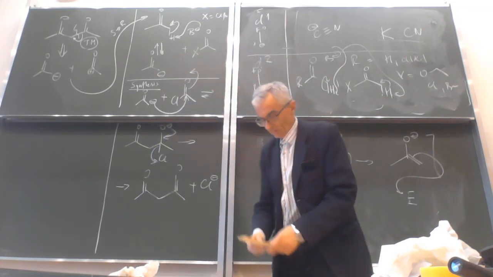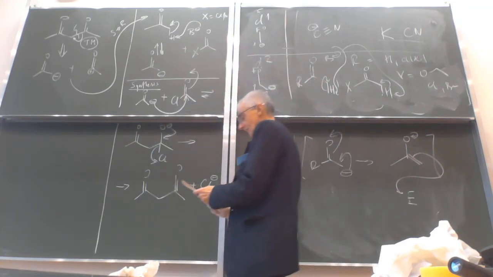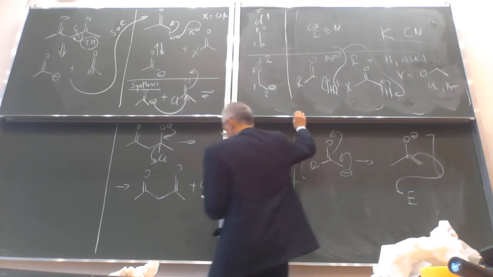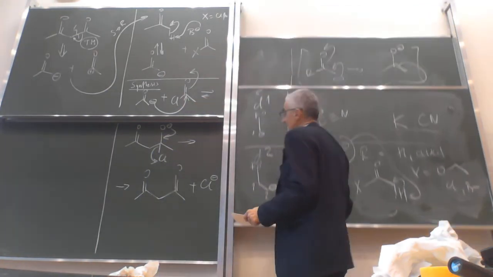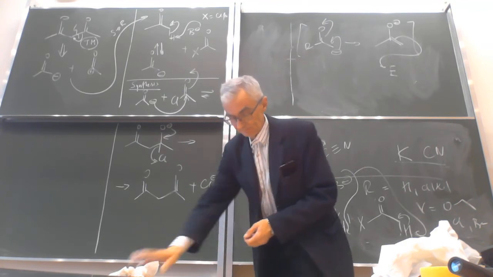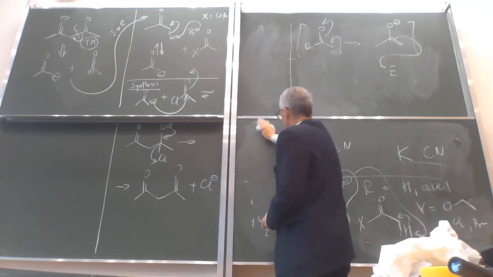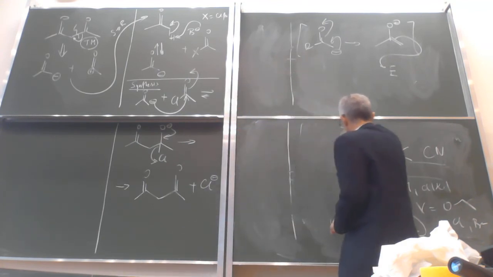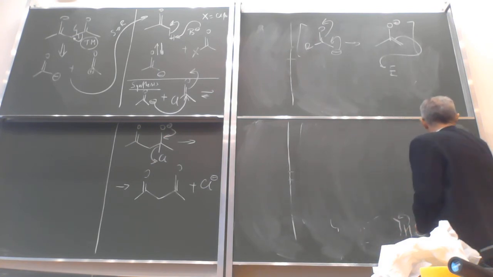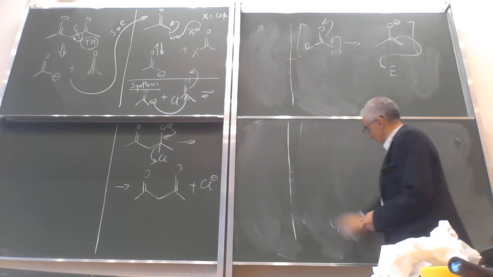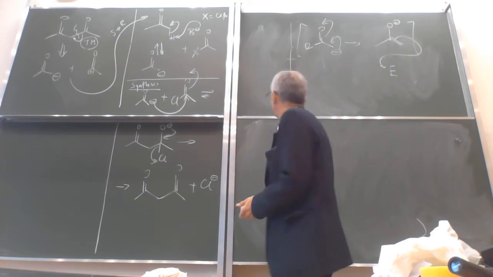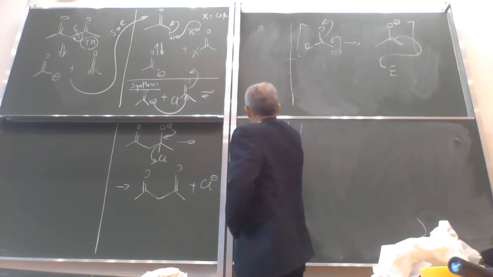Then we could have, let's say, of course, the alkyl donor. So the alkyl donor will be just something like that.